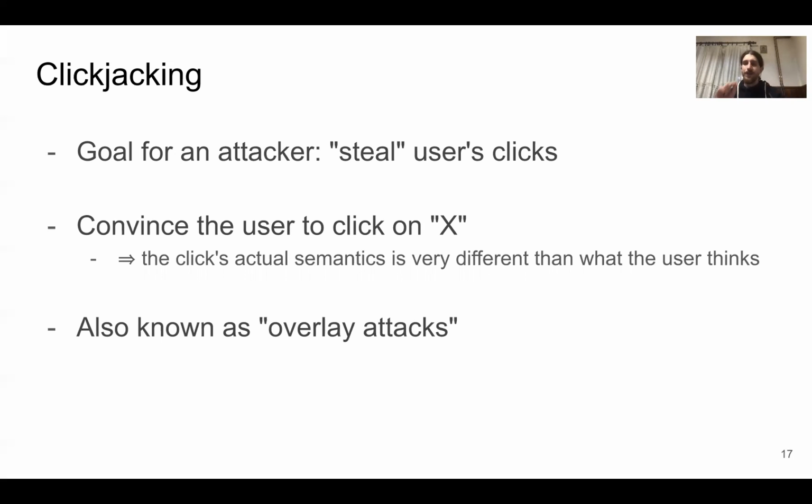The user clicks on button X, thinking it has a specific semantic, like sending a message to somebody. But what this click is actually enabling is something very different and much more powerful, and the attack is done in a way that the attacker gains some advantage.